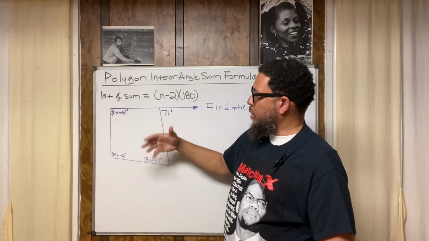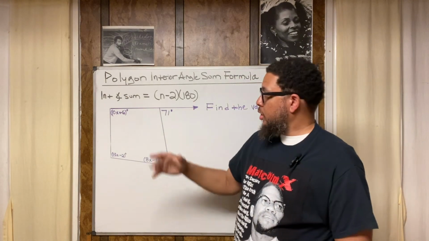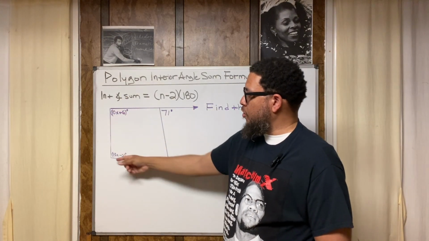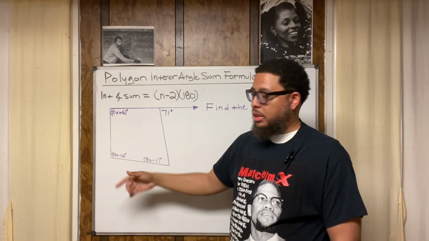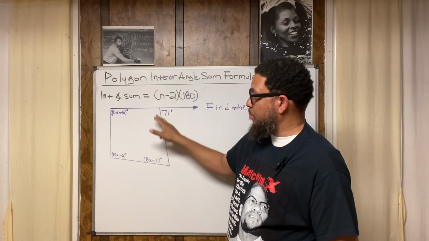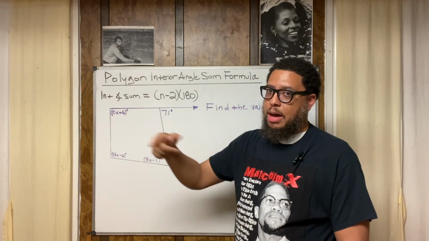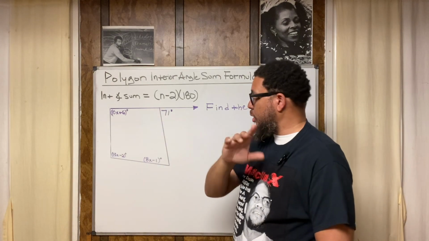This is a quadrilateral with 4 sides, so I can figure out the sum of all 4 angles. Then I can create an equation with this expression plus this expression plus this expression plus this angle, which I can figure out. I'll show you how in a second. Hold that thought.